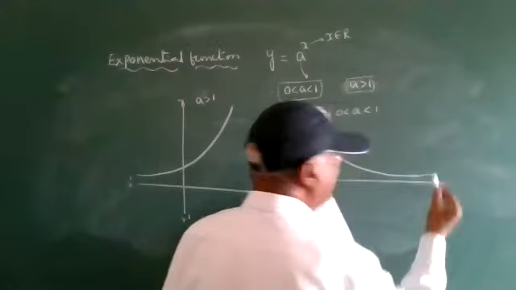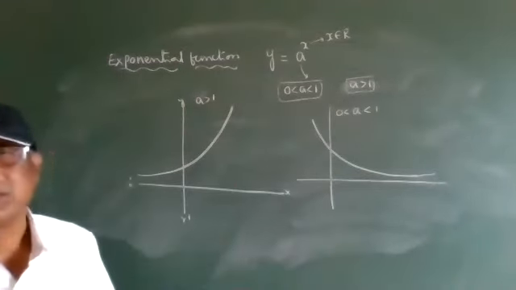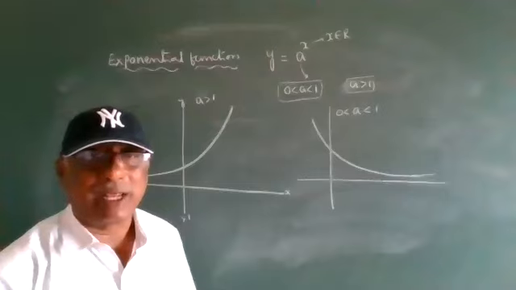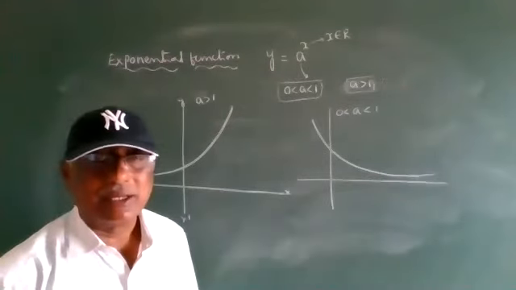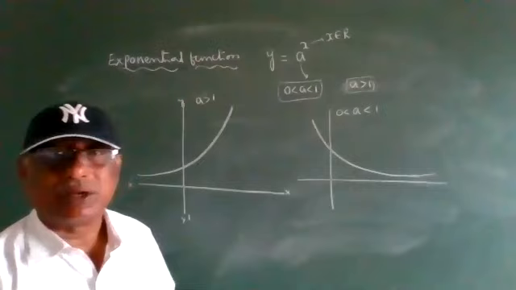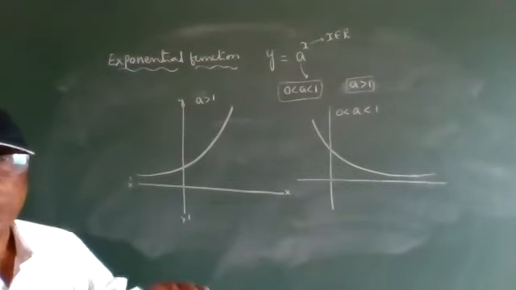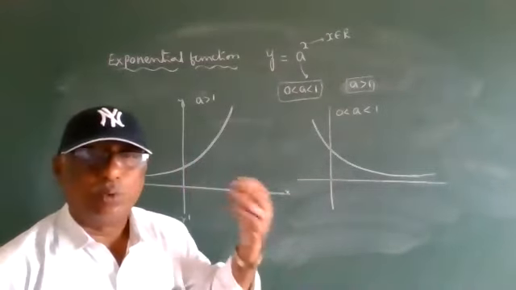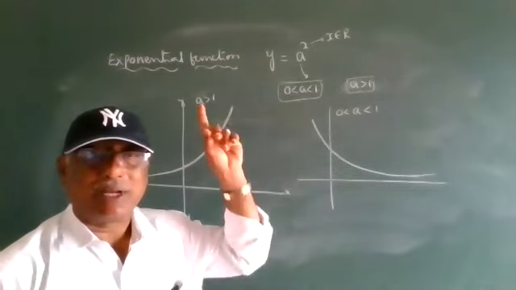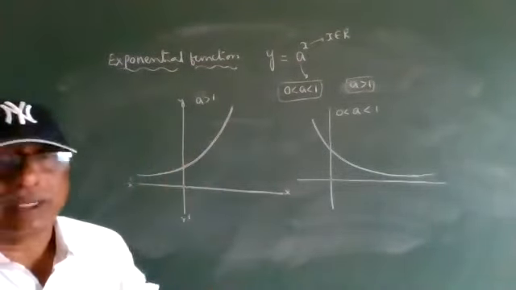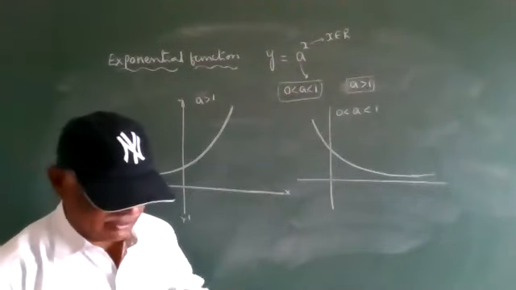This is called the exponential function. I will take 2 power x and draw the figure also in class. Exponential function means a power x, e power x, 2 power x, 3 power x. It is called an exponential function. Okay? Right. Next one.